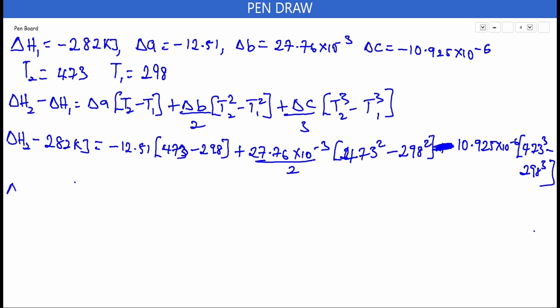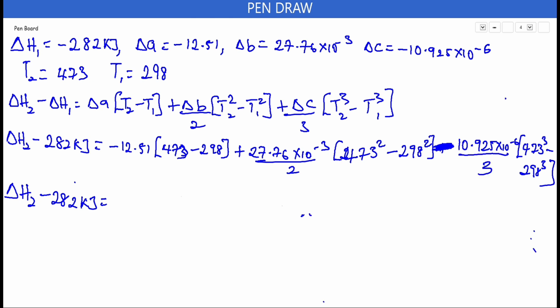So we can then press the calculator very fast. Minus 282 kilojoules is equal to, so if I do this fast, minus 12.51, just open your bracket and get them one by one.